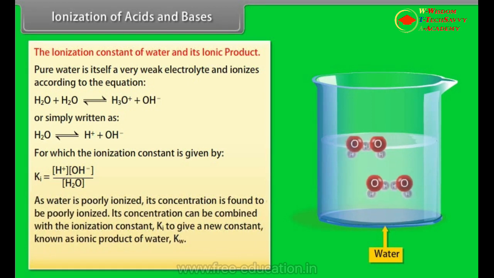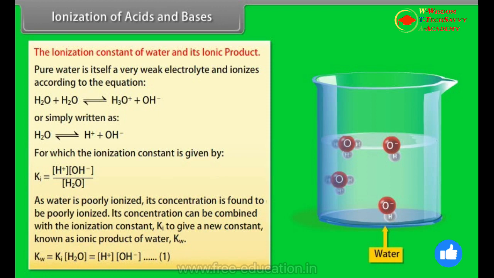As water is poorly ionized, its concentration can be combined with the ionization constant Ki to give a new constant known as ionic product of water, Kw. Name it as equation 1.